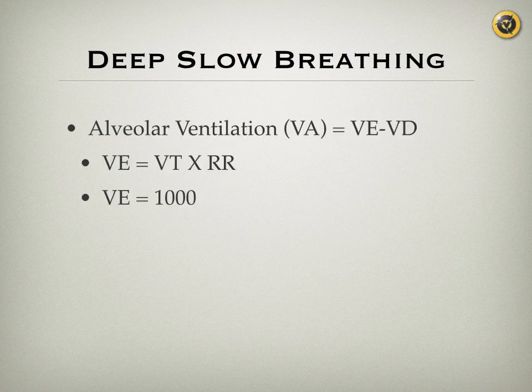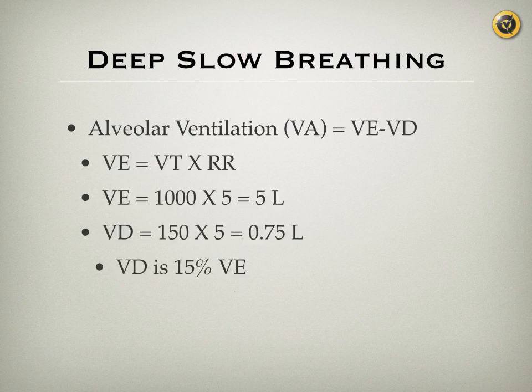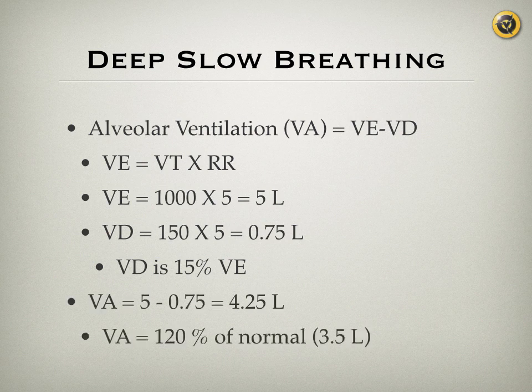You see that the dead space has been reduced to 0.75 liters, less than 1 liter out of the 5 liters minute ventilation, and hence the dead space is only 15%, and that would be a very effective way of breathing. So alveolar ventilation becomes a lot more than if you're going at the normal rate.